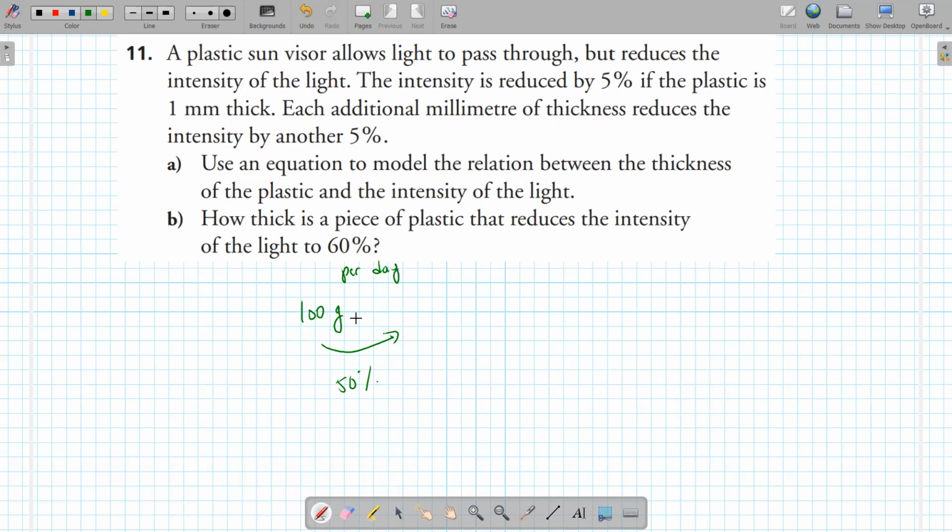So after day 1, how much mass is going to be left? 50. What about after day 2? 25. And day 3 will be 12.5. Day 4 will be 6.25. Yada yada. Is this linear or is this exponential?